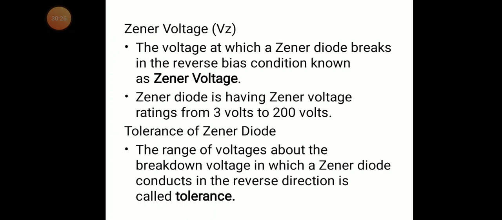So what it means is that Zener diodes are available in the range of 3 volts to 200 or 300 volts breakdown diodes. The small voltage drops are given by the Zener breakdown in Zener diodes, and the large voltages are because of avalanche breakdown. So this is called the Zener voltage.